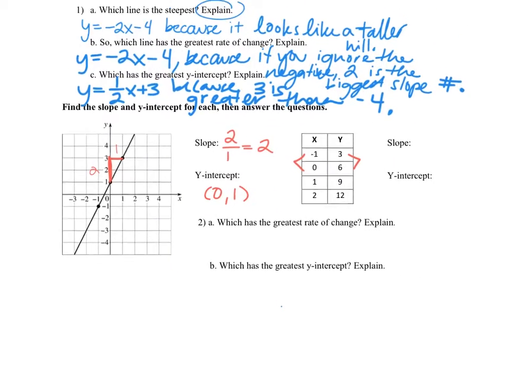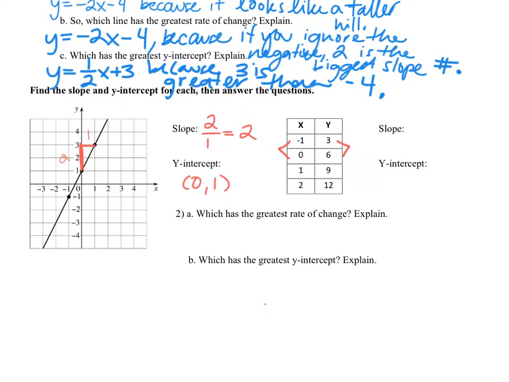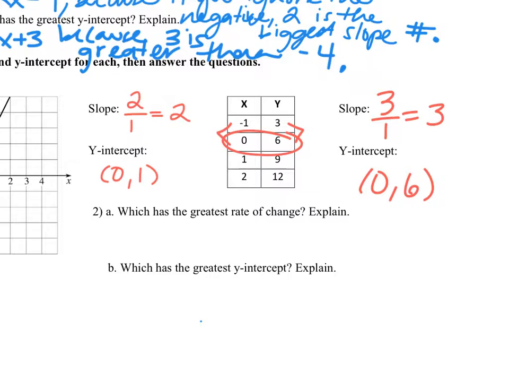Juwan, what's my slope of the table? 3/1, which we could just say is just 3. And Riley, what's my y-intercept of the table? Where x is equal to 0, that one's tricky. We haven't talked about that in a long time. So 0, 6, where it would make a steeper line because it's going up 3 instead of just up 2. So which one is greater? The table.